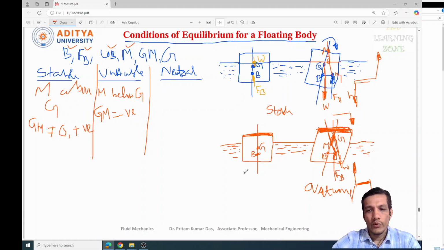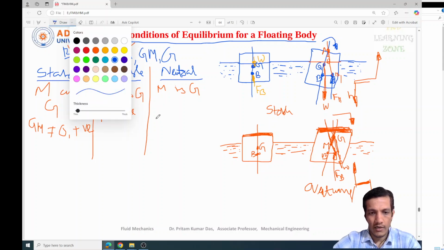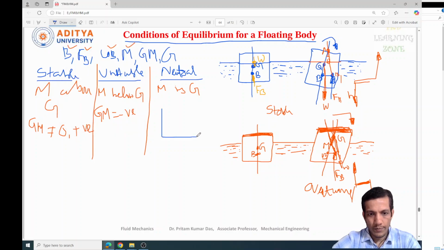Now when the M point and the G point coincide, we can say the body is floating in neutral equilibrium. How can we denote this? Let me take a body here.